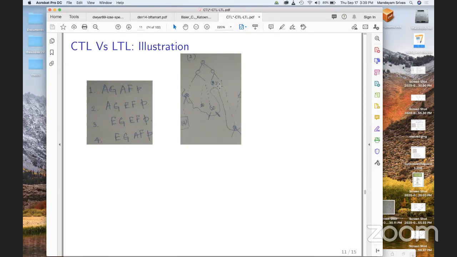Whenever you want to talk about equivalence of 2 formulas, whether between LTL and CTL or otherwise, technically you have to prove that on every model, every transition system, the 2 are indistinguishable. That's when they are equivalent.